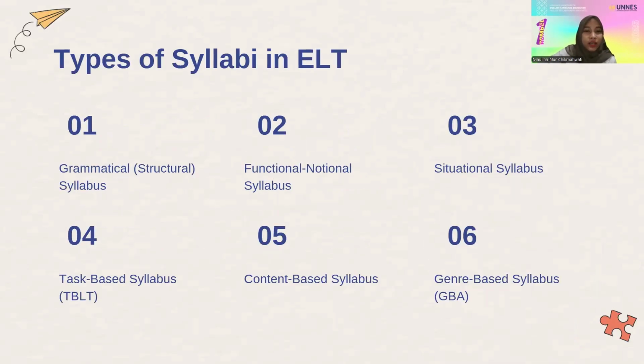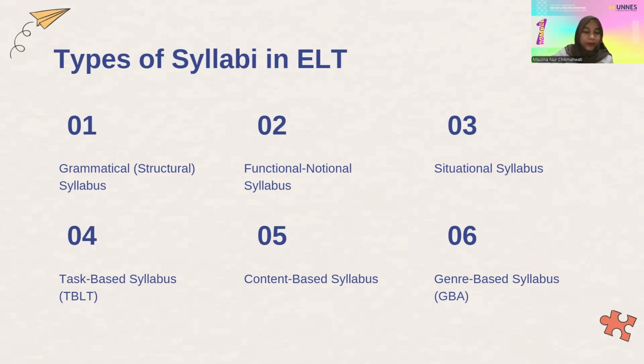All right, we will introduce you to six types of syllabi in ELT. First one is grammatical or structural syllabus. Second is functional notional syllabus or functional syllabus approach. And then situational syllabus approach, task-based syllabus approach or TBLT, task-based language teaching, and content-based syllabus, and last but not least, genre-based syllabus.